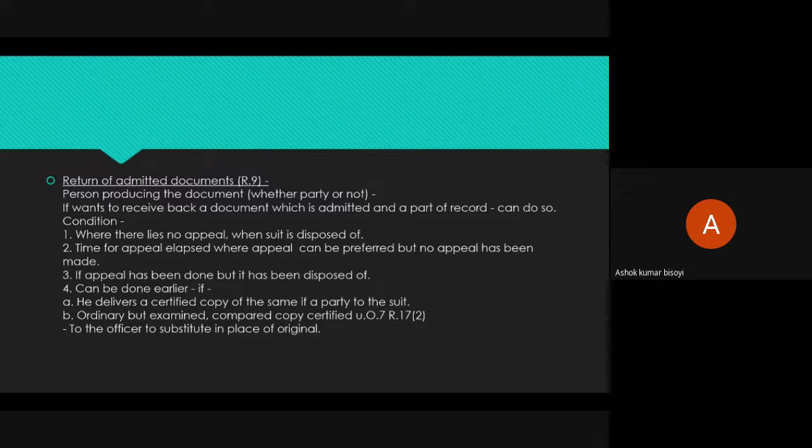And see, the person who produces the document, will he get it back? He had brought his document and the court also brought it. Just because it is a part of the record, will he not get it? No, he will get it back, but certain conditions are to be satisfied.